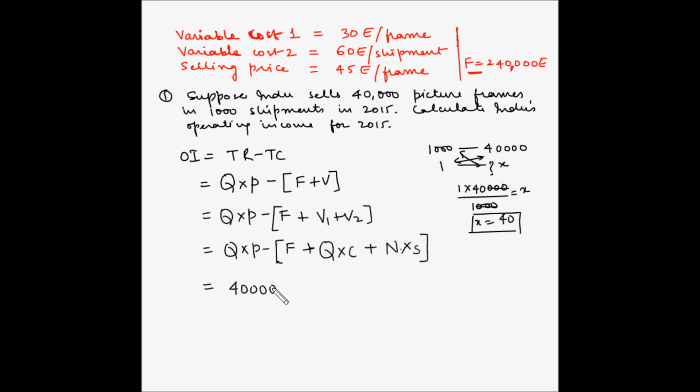So this is 40,000 multiplied by P, which is the unit selling price, which is 45, minus F, which is 240,000, plus Q, which is again 40,000, multiplied by C, which is 30, plus N, which is the number of shipments, which is 1000, multiplied by S, which is the cost per shipment, which is 60.